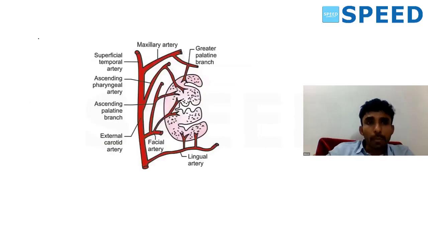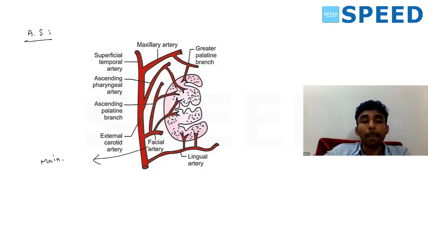Now, what about the arterial supply of the palatine tonsil? The main artery supplying the palatine tonsil is the facial artery, through the tonsillar branch as well as the ascending palatine branch.